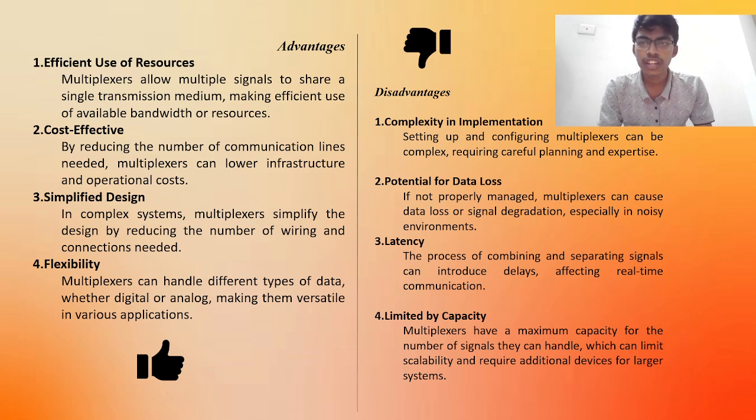The next major advantage of multiplexers is cost effectiveness. By reducing the number of communication lines needed, multiplexers can lower infrastructure and operational costs. At the same time, we know that ICs, integrated circuits, are smaller, cheap and faster. These multiplexers can be incorporated into several ICs, as we have seen in previous slides.